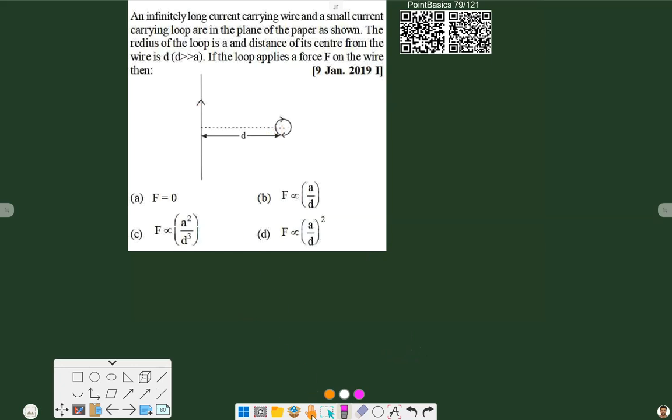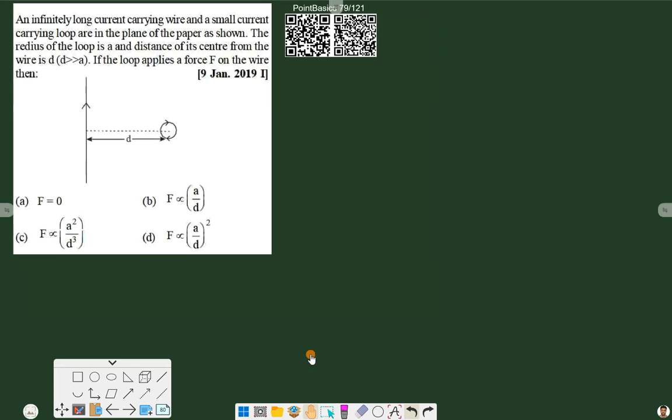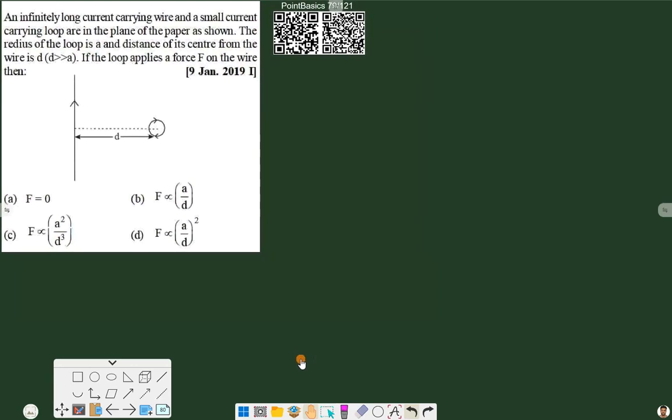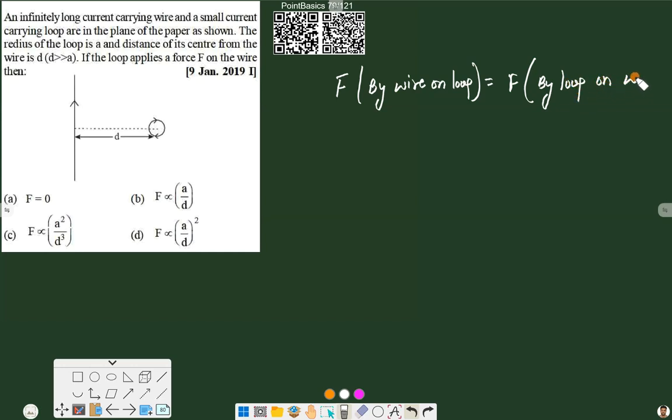In this case, we can say the force by the wire on the loop is equal to the force by the loop on the wire. So both are exerting equal force on each other.